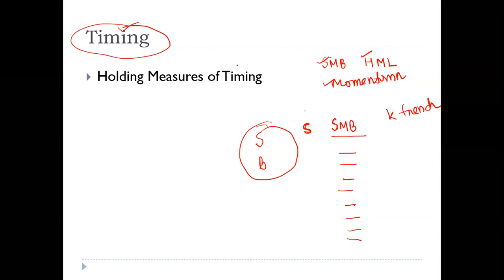Have you got my question? If you take a particular stock, you do not know that the stock is small or big, and you have taken the return of that stock and regressed it with the SMB factor, and you have come to know the beta of that stock, and you see that beta is a higher number.